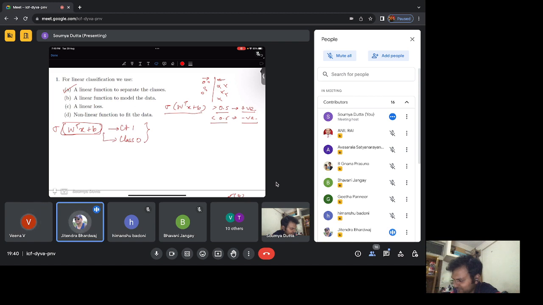Where can we get more detail from a mathematical book or reference? Yes, there is one book by Hastie and Tibshirani. I think it's Elements of Statistical Learning. This is a good book for starters, and there are two more books.